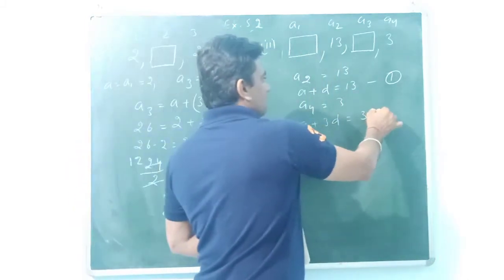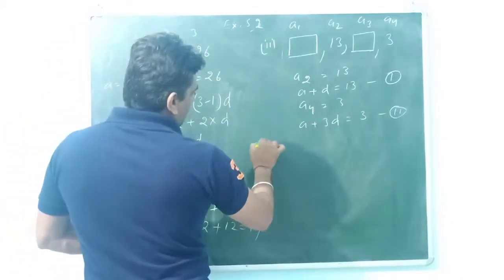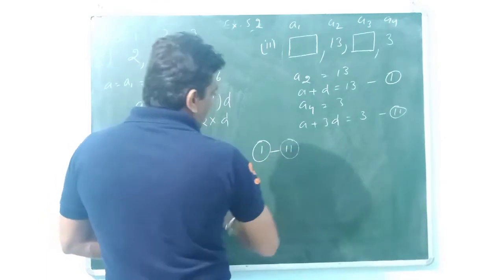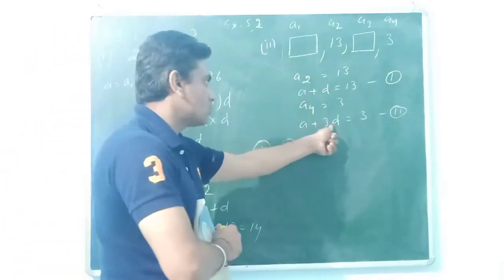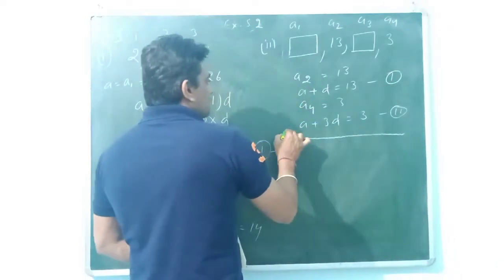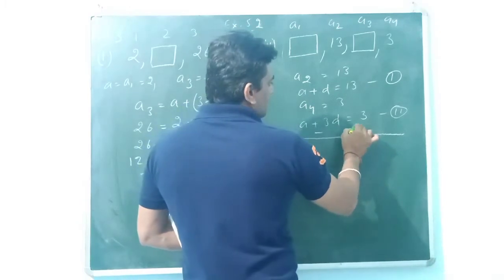This becomes the second equation. When we subtract the second from the first, this is minus, this is minus, and this is minus.